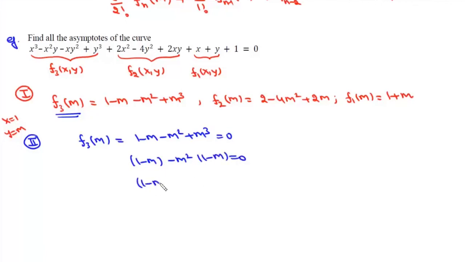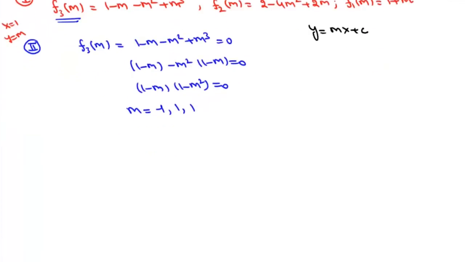So this is 1 minus m into 1 minus m square equals 0. So from here we can say the values of m are minus 1, 1 and 1. So basically we have 3 values of m, of which minus 1 is a non-repeated root and 1 is a double root or a repeated root. Now for these values of m, we have to find their corresponding values of c to find the equation of asymptote, which is y equals mx plus c.